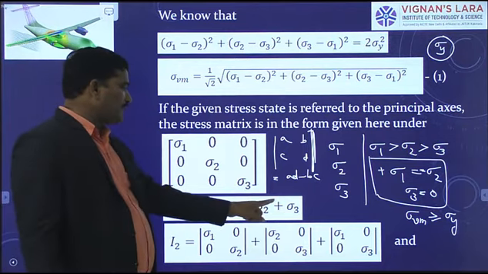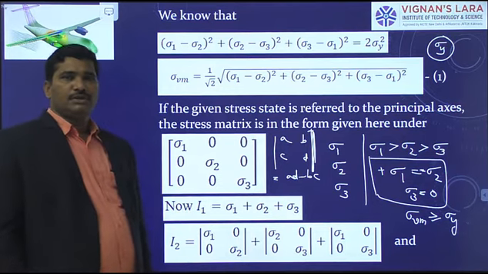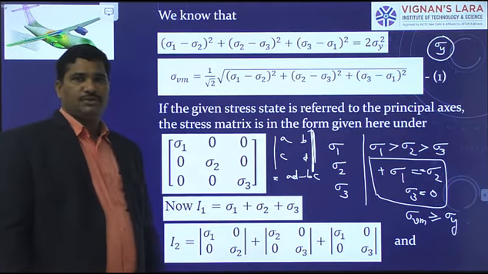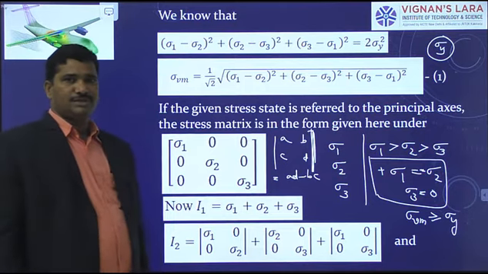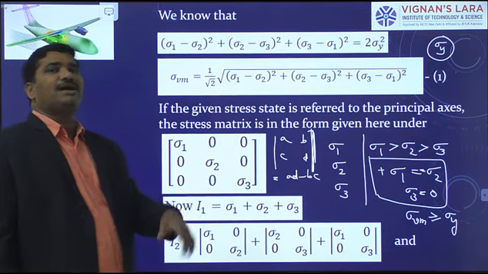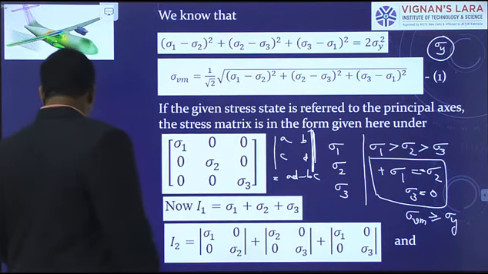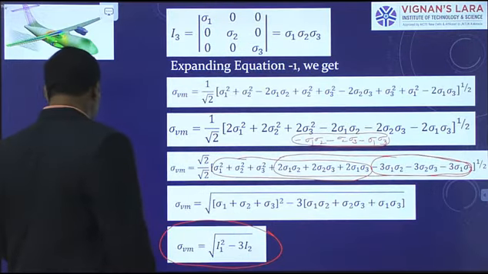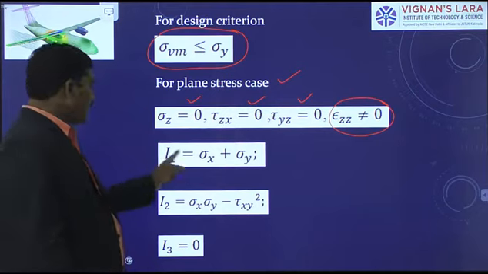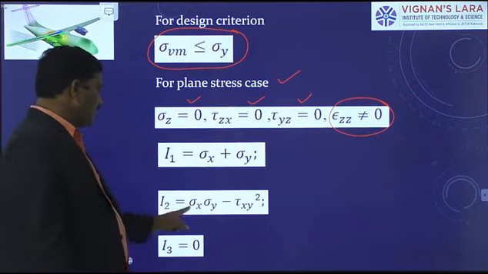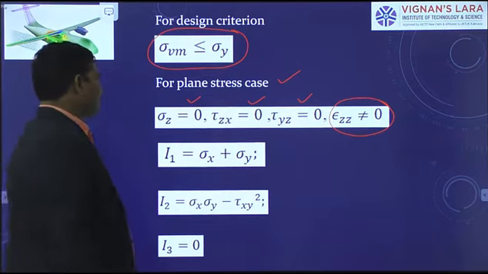Sigma 1 plus sigma 2 plus sigma 3. For plane stress case, sigma z is 0, tau zx is 0, tau zy is 0. Understand? Only in-plane stresses are present here. Right? So I1, I2 and I3 you get. I3 you get 0 for plane stress case. I1 is sigma x plus sigma y and I2 is sigma x sigma y minus tau xy square.